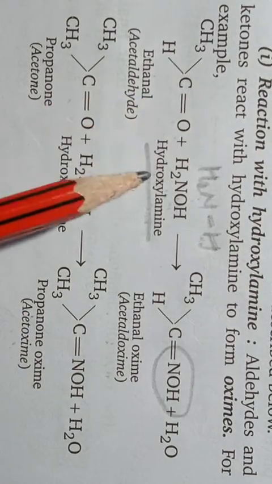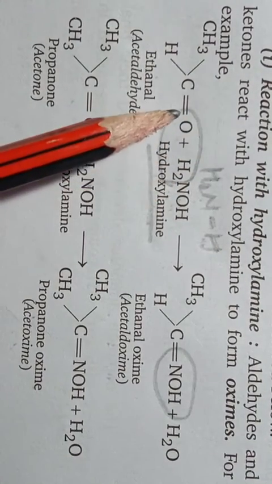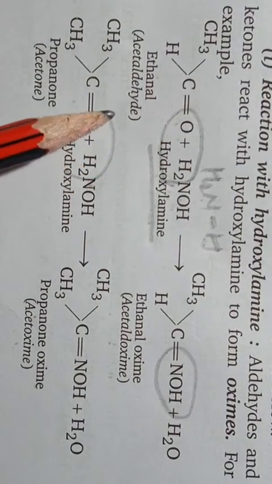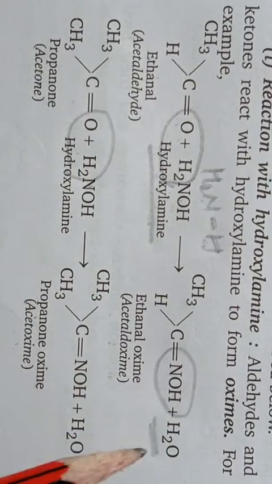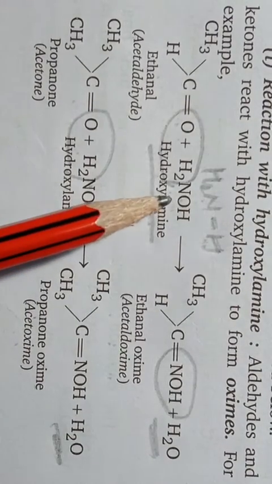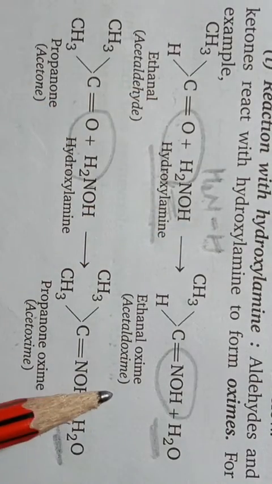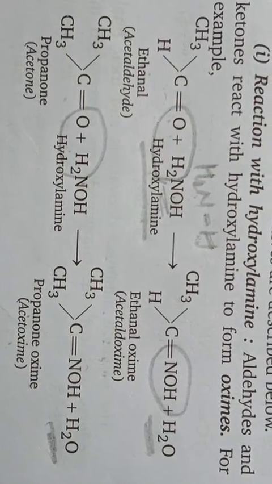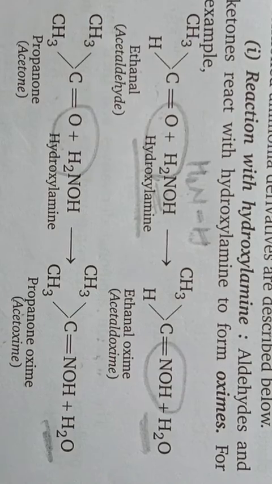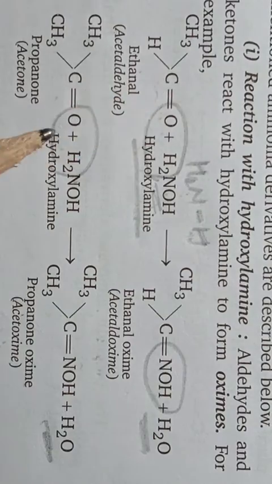As you can see, these two atoms of hydrogen join to the carbonyl oxygen here also and are removed in the form of H2O, and the rest of the hydroxylamine joins to the carbonyl carbon for the formation of the related oxime. So this is the first addition reaction of an ammonia derivative with aldehyde and ketone.